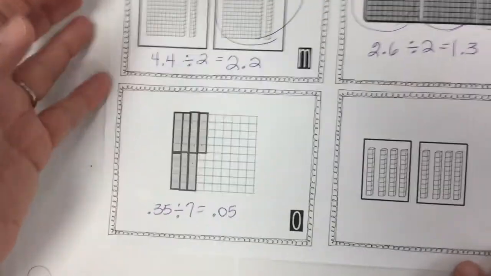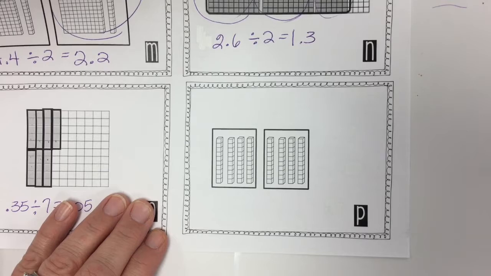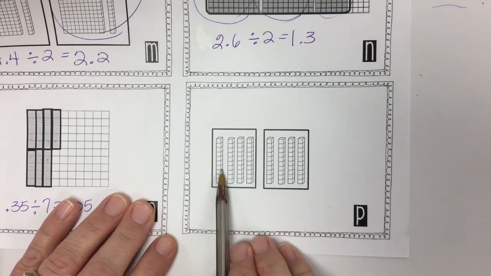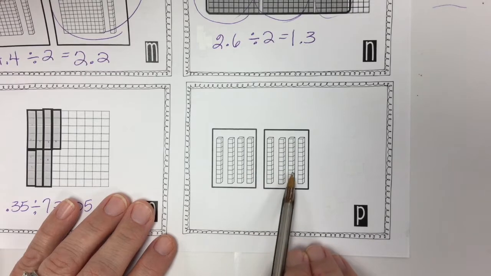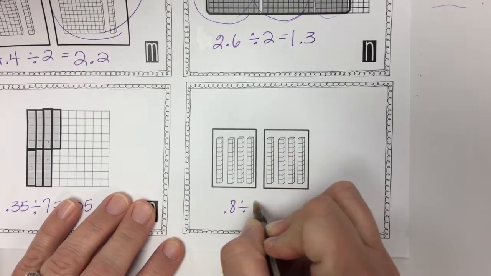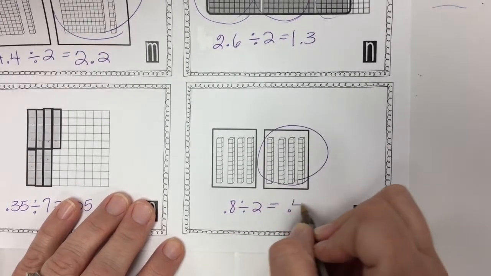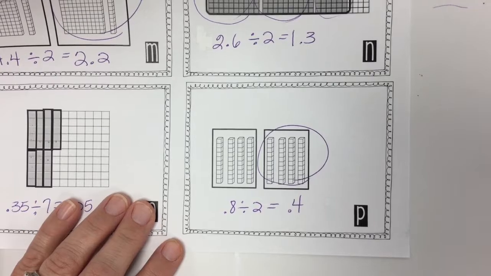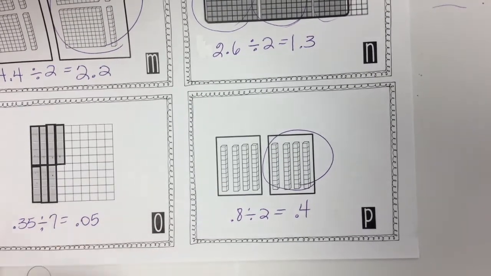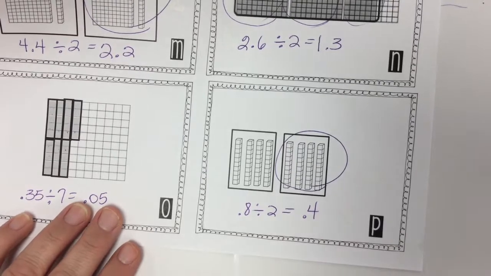And finally, solve P. 1, 2, 3, 4, 5, 6, 7, 8 tenths divided into 2 groups, and each group has 4 tenths inside. Okay, so it's a matter of just looking at the pictures and making sure that you understand how to break them apart.